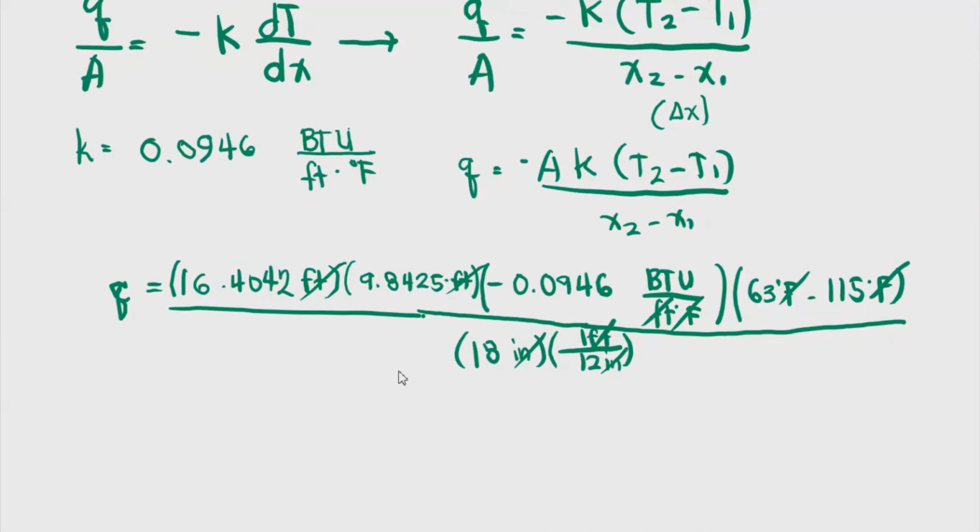Okay, so finally we have the answer, which is Q, and that is equal to, so our heat rate is equal to 529.4972 British thermal unit per hour.